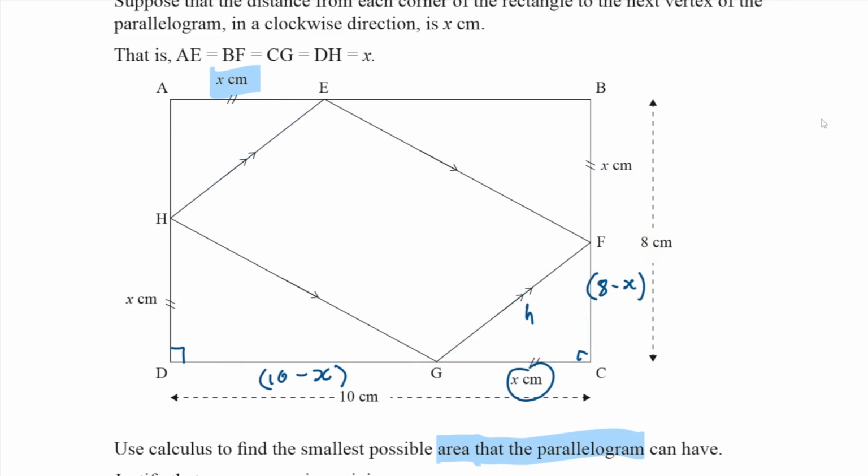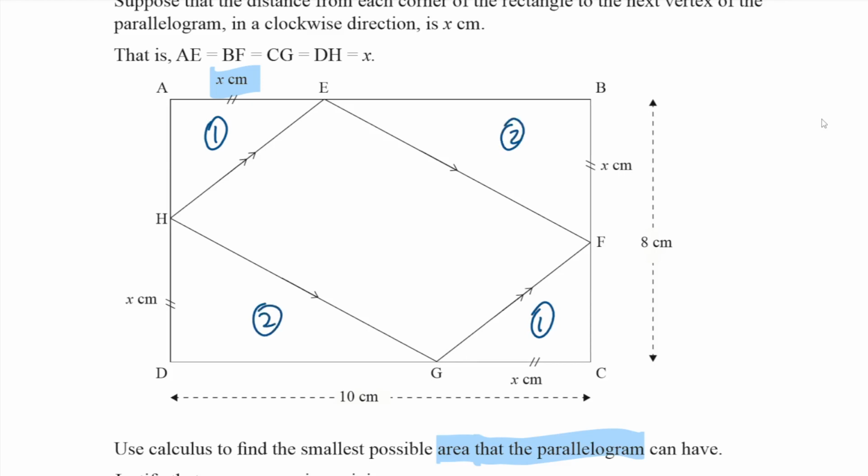I encourage you to try the Pythagoras method and then base times height. I will use the area of the rectangle minus the area of the 4 triangles. And just observing that these triangles are the same and these are the same, so we could simplify it a little bit as well.